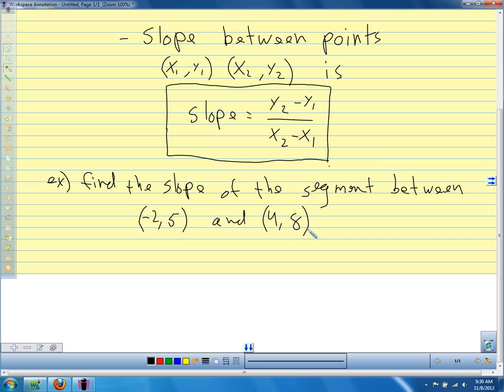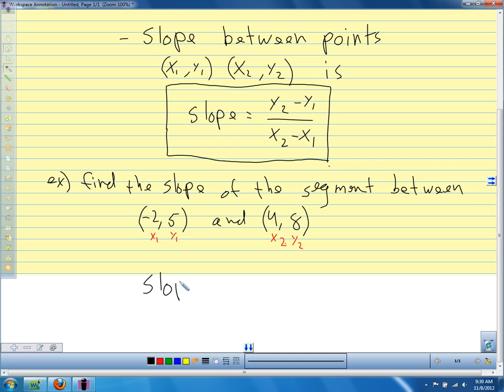Now what I recommend you do with all of these formulas is label the points. We'll call one set x1, y1, the other set x2, y2. So I'm just going to call this x1, y1, and this x2, y2. It doesn't matter which pair you call x1, y1, and x2, y2, as long as you keep the 1's together and the 2's together. So now I just plug these points into my formula.